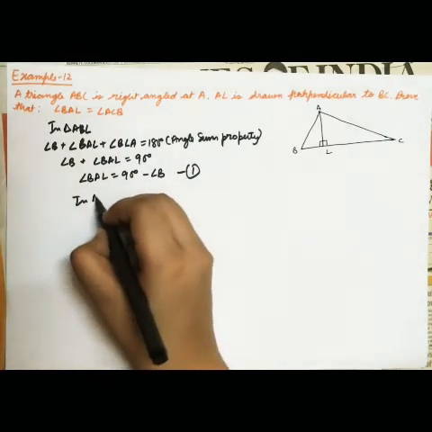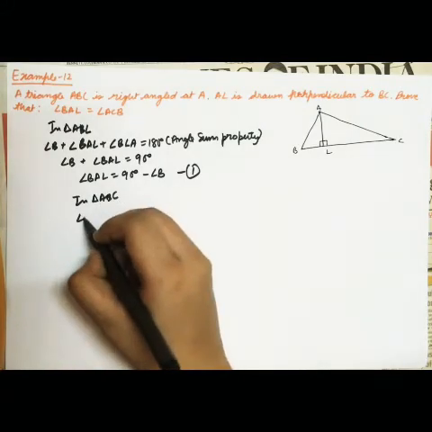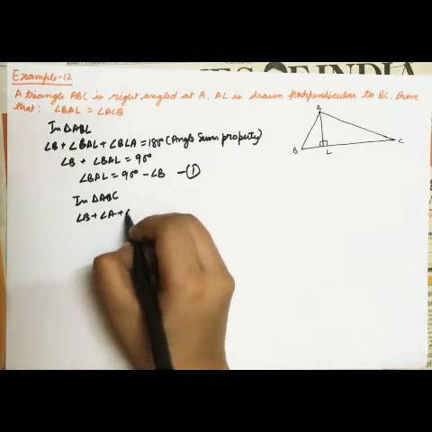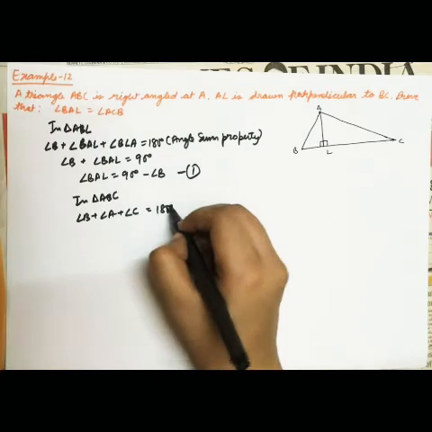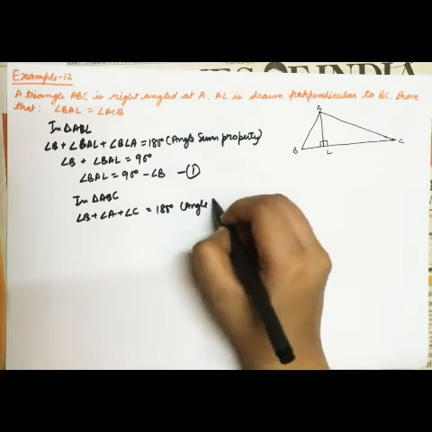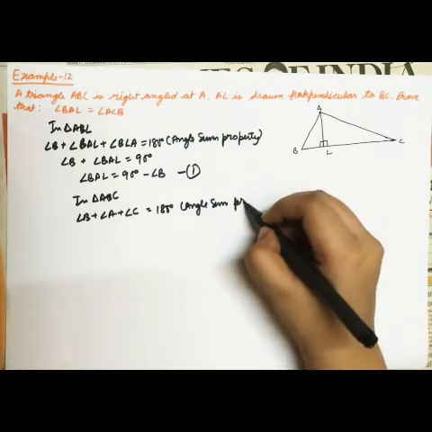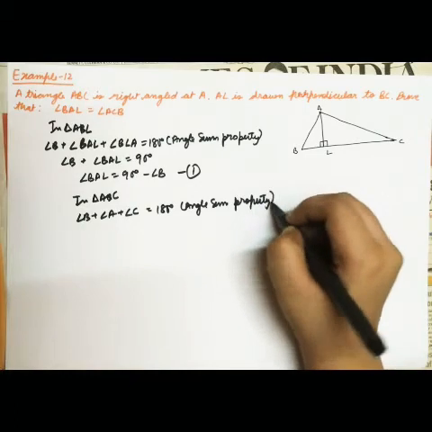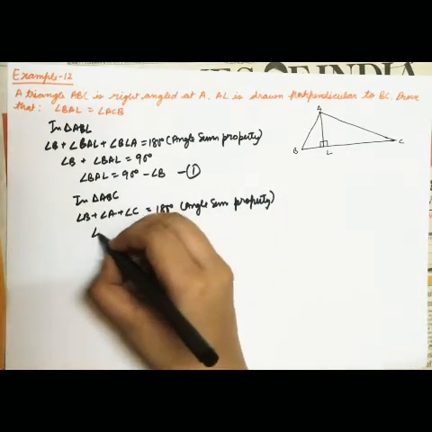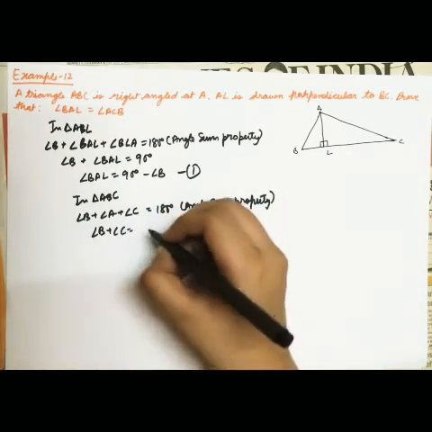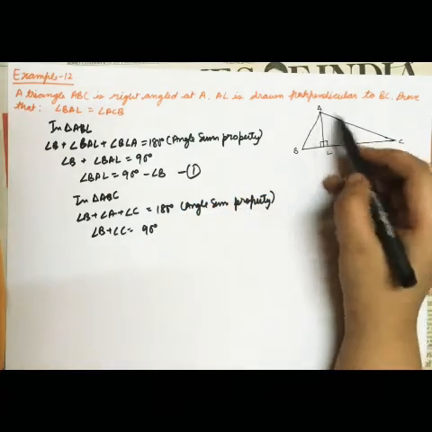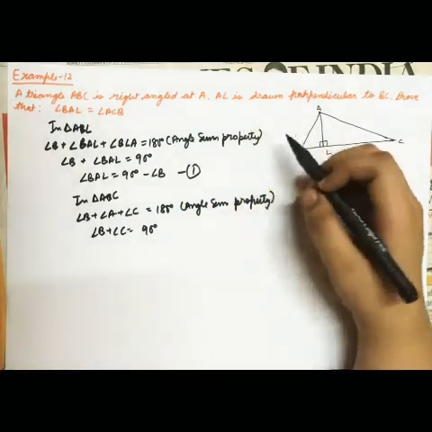Now in triangle ABC, angle B plus angle A plus angle C is equal to 180 degrees because of the angle sum property. Now angle B plus angle C is equal to 90 degrees. Why? Because angle A is 90 degrees.